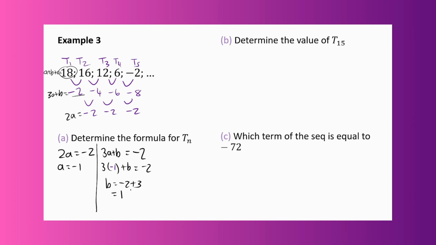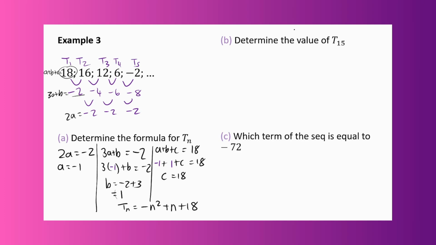So this is 1. And then a plus b plus c is equal to 18. We substitute what we already have, which is negative 1 and 1. That's of course 0. So we know c is equal to 18. And then put everything together. Tn is equal to negative n squared, or negative 1n squared, plus 1n plus 18.